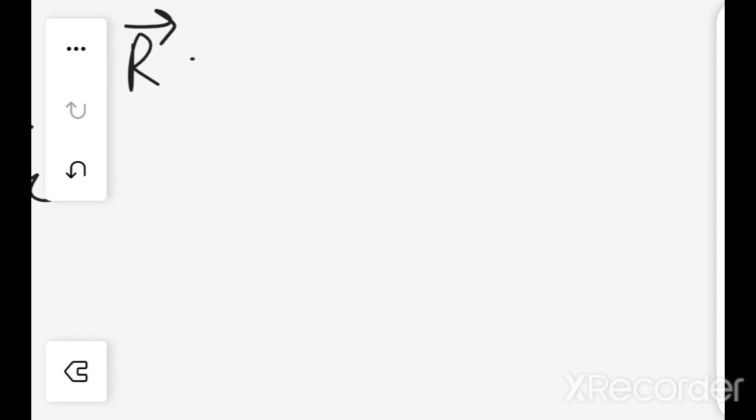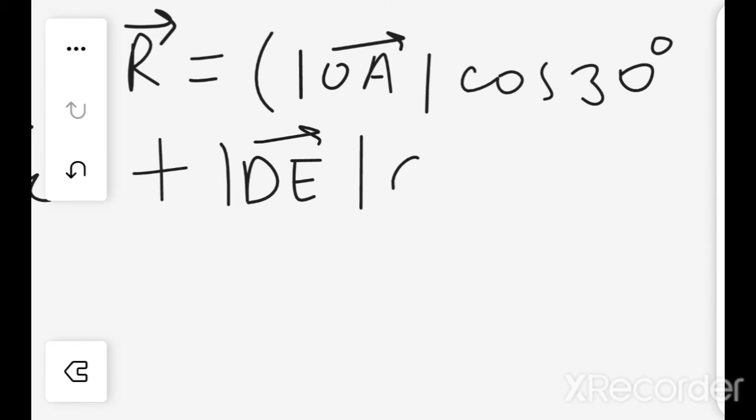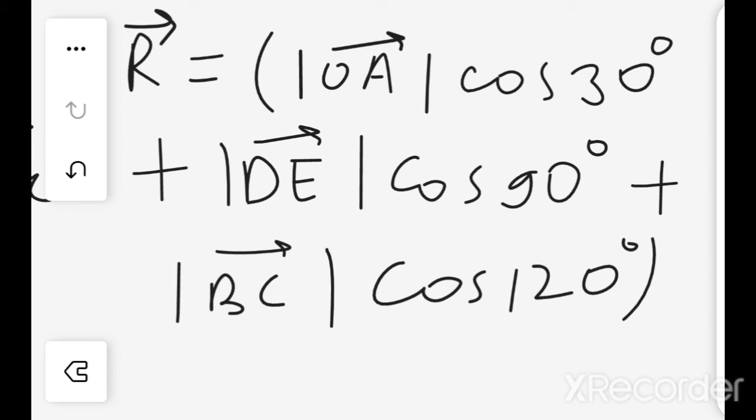Vector R can be written as the magnitude of OA times cos of 30 degrees, because OA is making an angle of 30 degrees with the x-axis, plus the magnitude of DE times cos of 90 degrees, since DE is making an angle of 90 degrees with the x-axis, plus the magnitude of BC times cos 120 degrees, in the i direction.